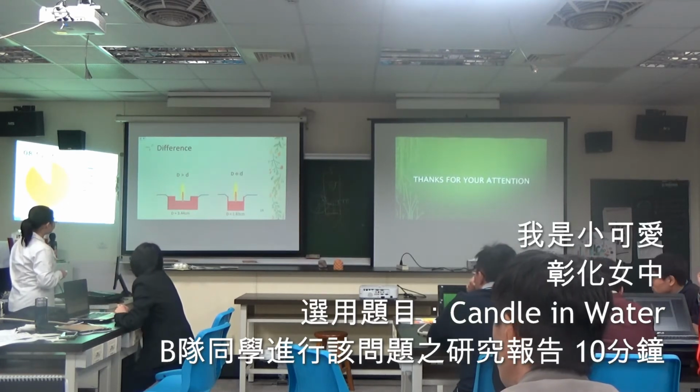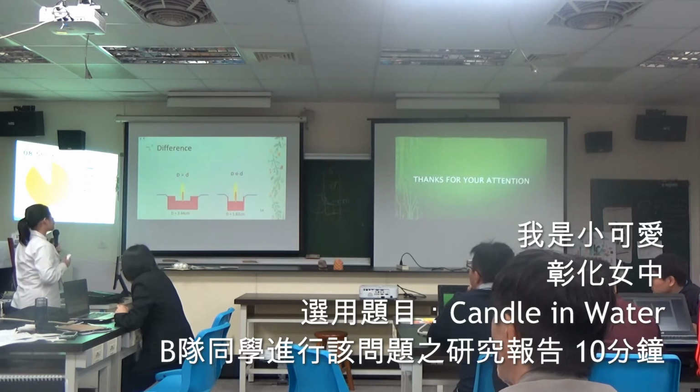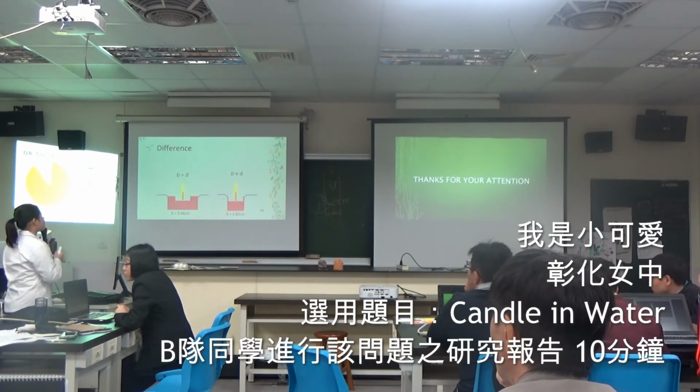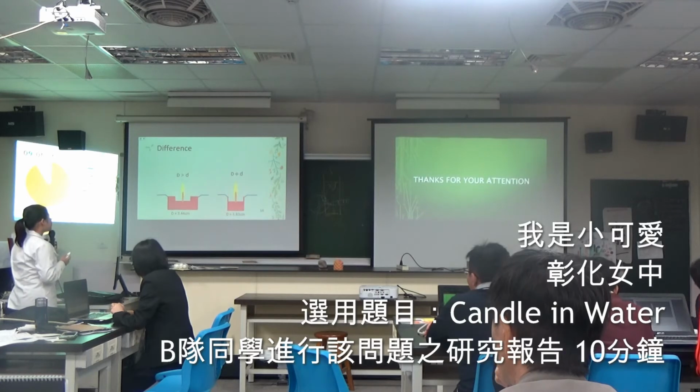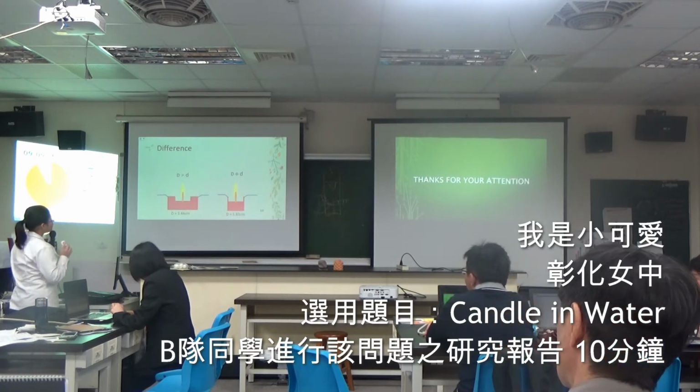For this 3.44 centimeter candle, we found that the diameter of the bowl shape is less than the diameter of the candle. So the water can come in and it won't stick.